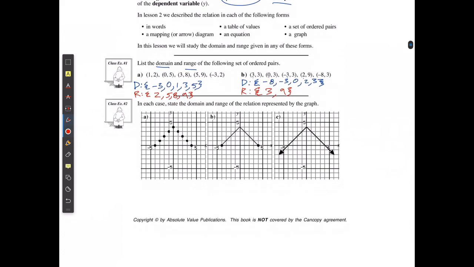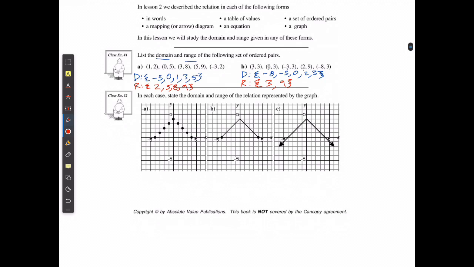For example 2, when we're looking at it graphically, we have a couple of possibilities. We have the possibility of the first case where they're all exact points, and we can pull these from what would be the ordered pairs of the table of values.